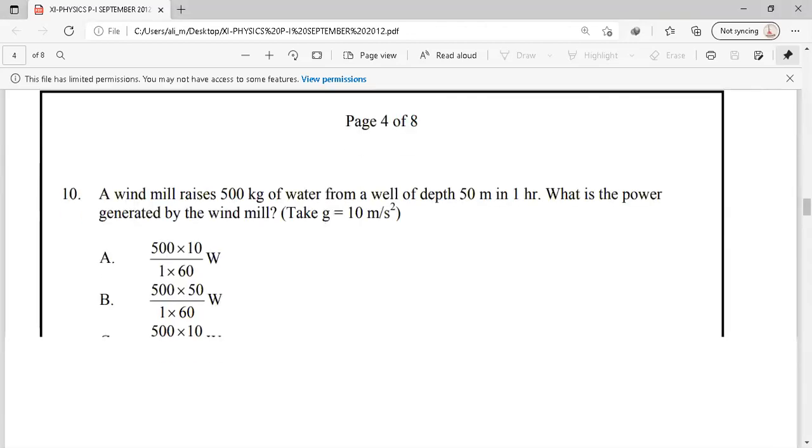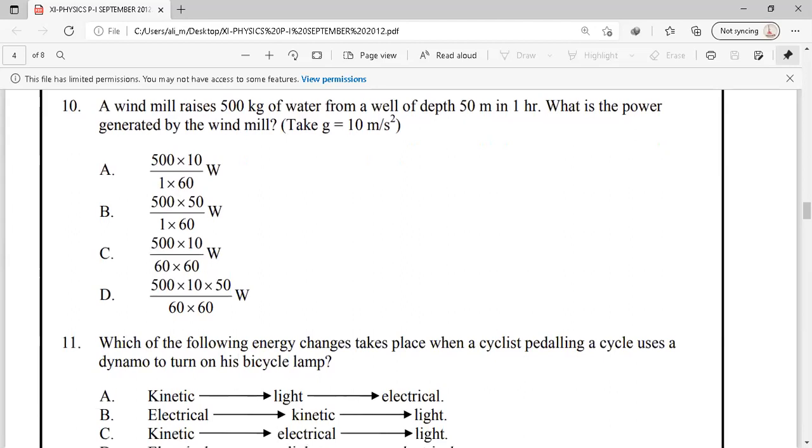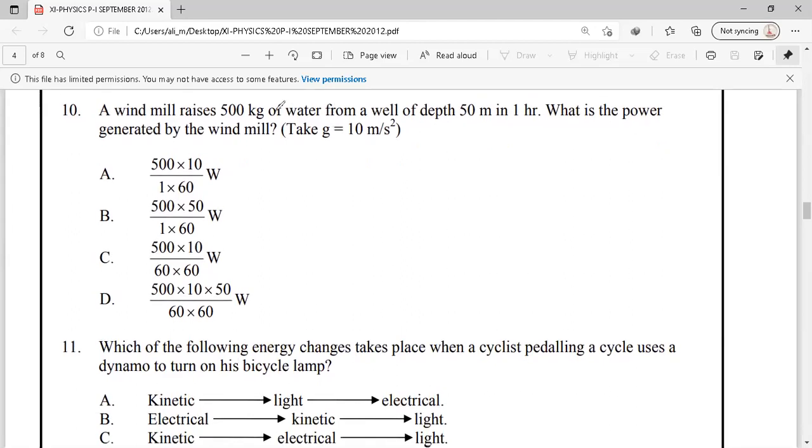Let's move to our question number 10. A windmill raises 500 kilograms of water from a well at a depth of 50 meters in 1 hour. What is the power generated by the mill? So this windmill is extracting the water and moving this 500 kilograms of water to a certain height. So in that case, work done is equal to the change in potential energy of the water.